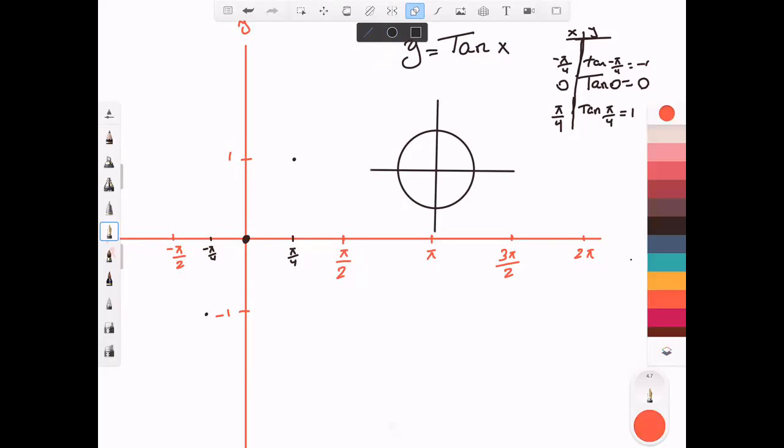If you remember, I made a mistake that day when I drew the tangent line on the top, but the tangent line is right here. Good, that's the tangent line. So if it's 0, it's 0. If it's pi over 4, you let this line go, this will be 1. If it's negative pi over 4, we get -1. What about if it gets more than pi over 4, or more than 45 degrees? The value of tangent gets larger here, correct? What about tangent of pi half? What is tangent of pi half?